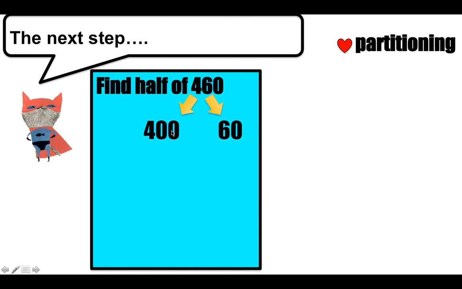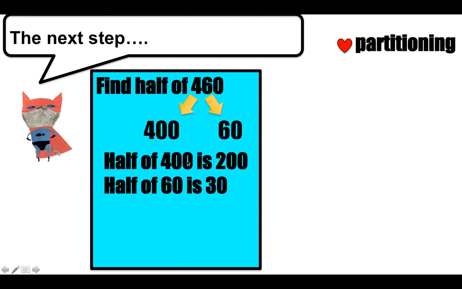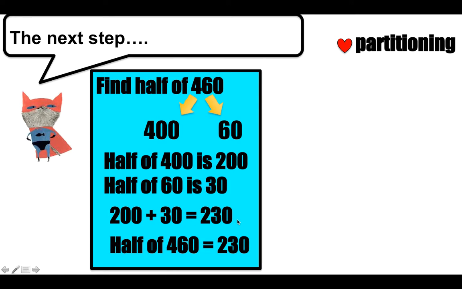I know straight away that half of 400 is 200, that's very obvious, and half of 60 is 30. If I know these two facts, then I can easily do in my head 200 plus 30 is 230, and that gives me my answer. Half of 460 is 230.